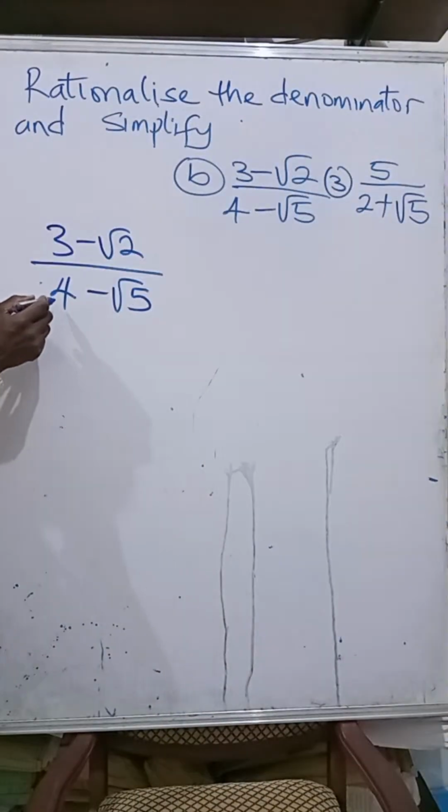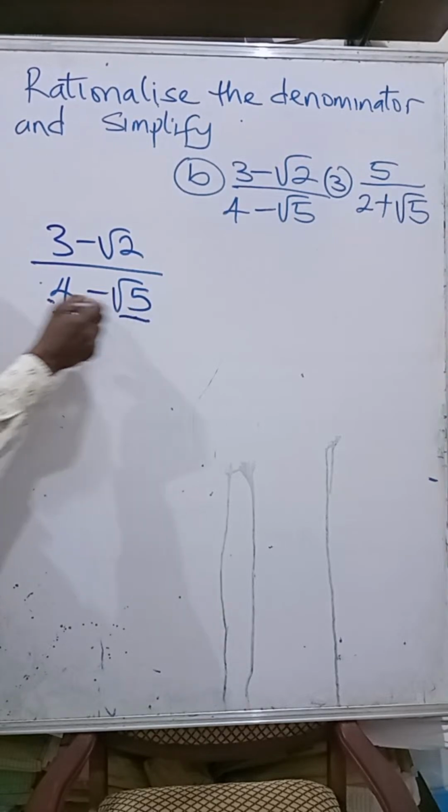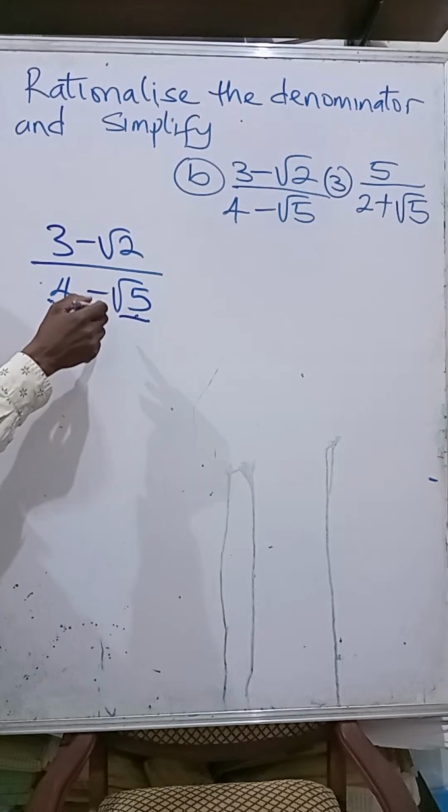This one contains 2 parts. I mean, the denominator contains 2 parts, this one and this one, and one of those parts has roots.